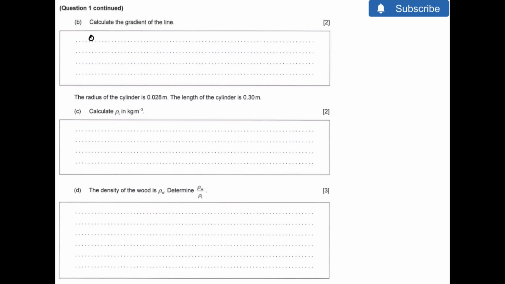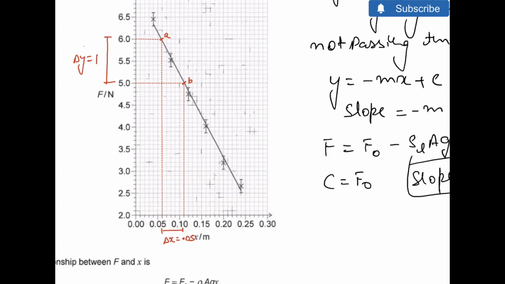Observing the points A and B on the graph, which we have marked, the gradient of the graph will be delta y by delta x, with a negative sign, because this line is going down and therefore the slope is negative.